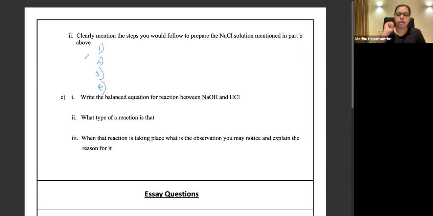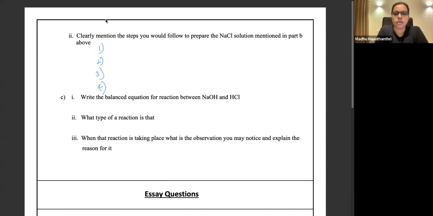So those are the 4 steps expected from you in the exam also. Are the steps clear? Do you want me to repeat anything? Yeah, sure. I'll repeat the statements. First one, measure the required mass of NaCl using the triple beam balance. Second one, put the measured mass into a 200 centimeter cube volumetric flask.